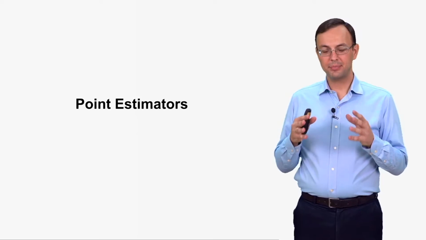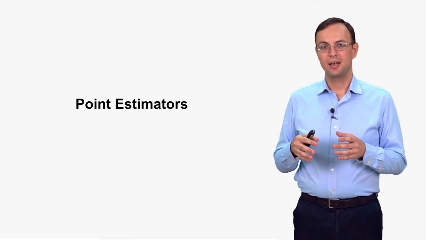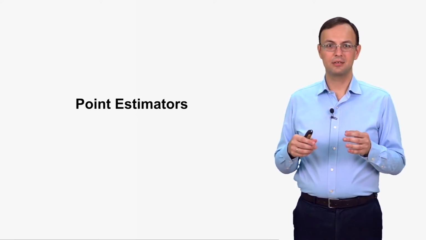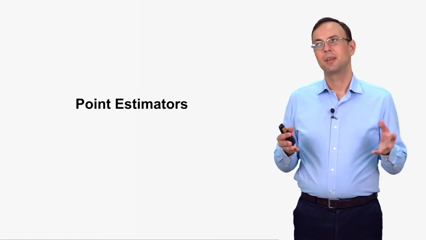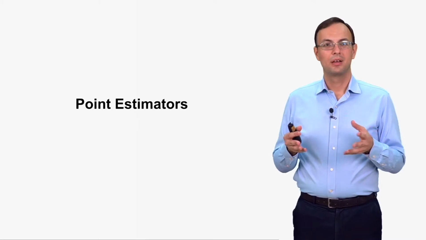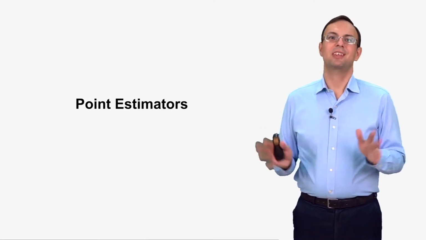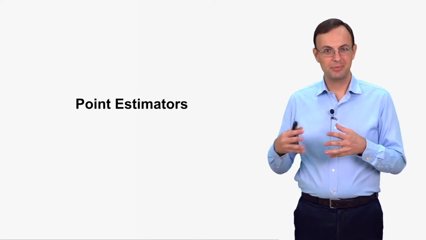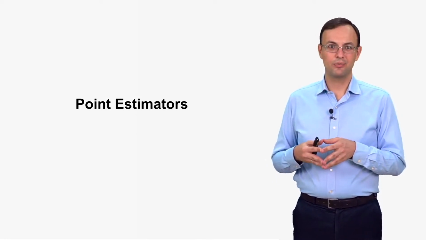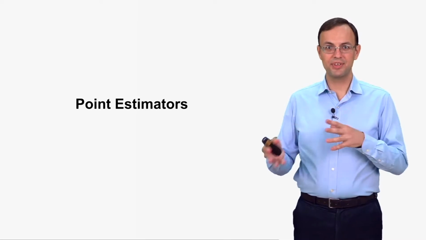Actually, mathematical statistics is solving two types of problems. I would say that maybe 95% of all problems that are solved by mathematical statistics are of one of these two types.